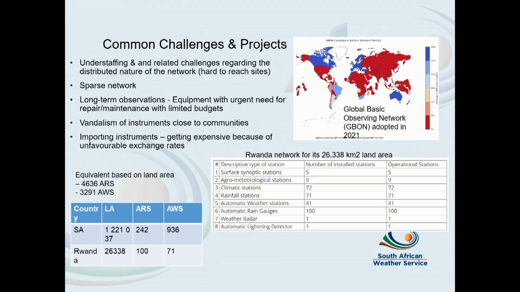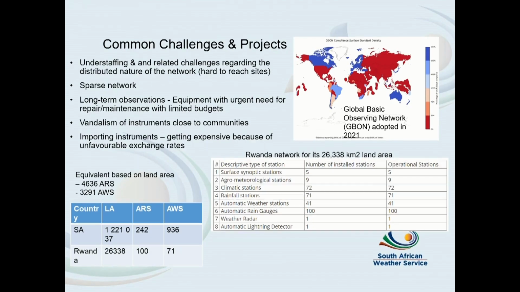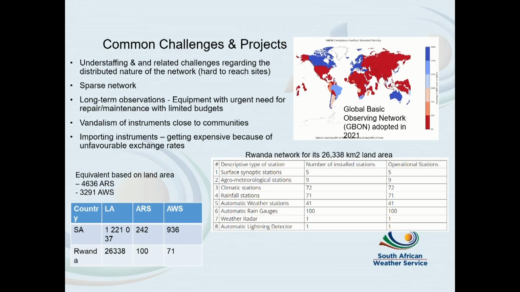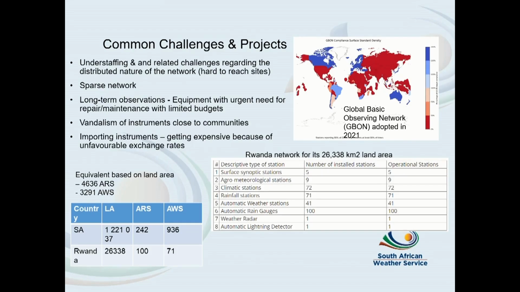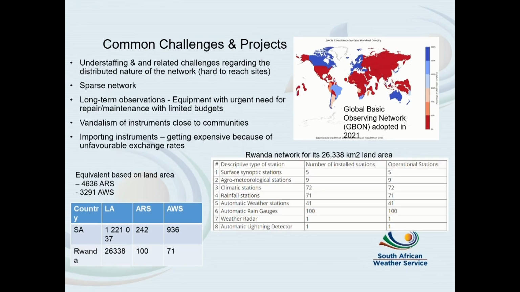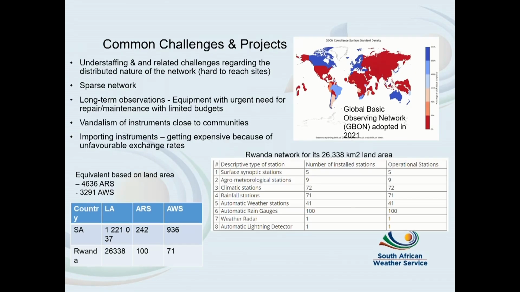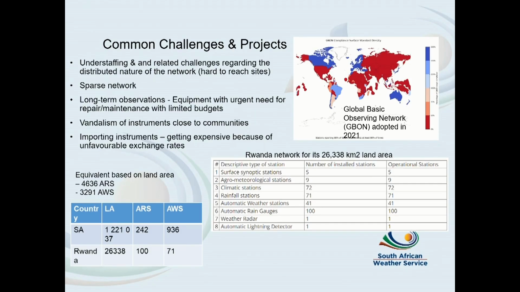The long-term observations: our data go as far back as the 1800s. However, because we're closing stations and sometimes the land is being purchased by people, we have to change the location of the stations, and that disturbs the long-term observations. So instead of having more than 100 years' worth of data continuously, we'll have gaps, because we have to move from one location and redirect the station to another location.